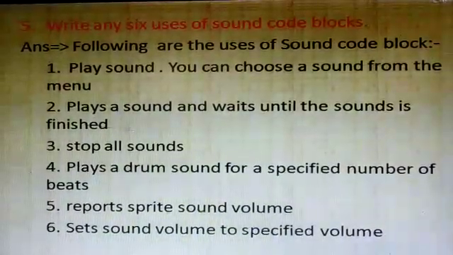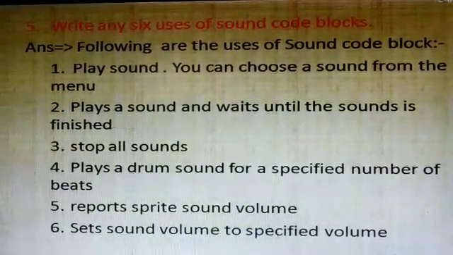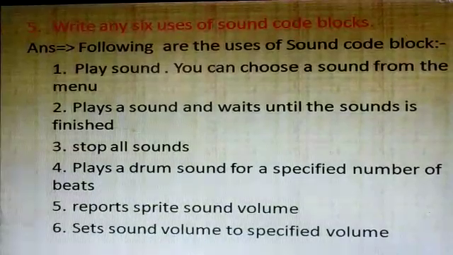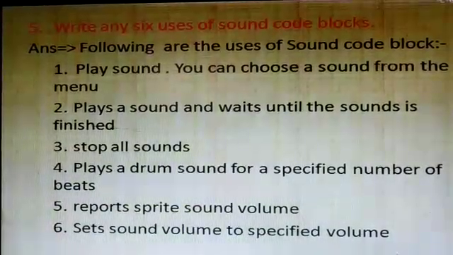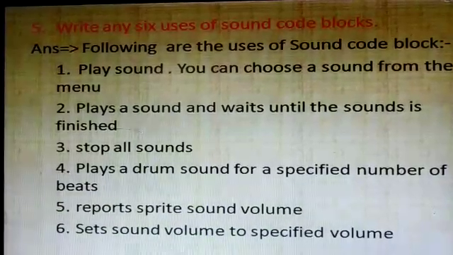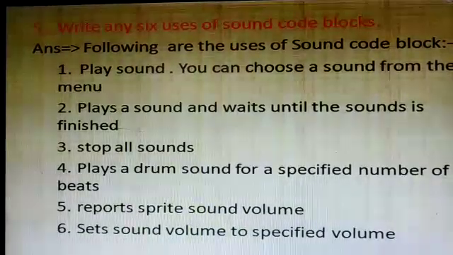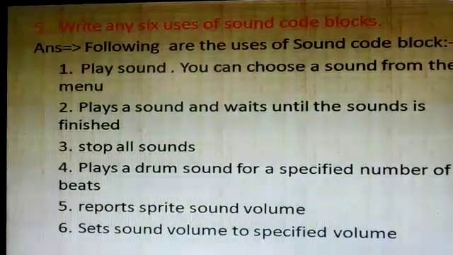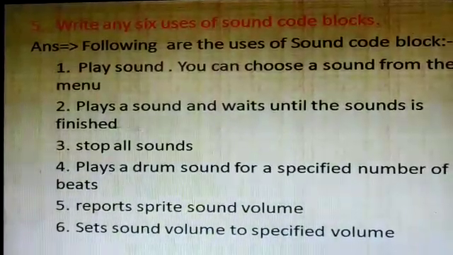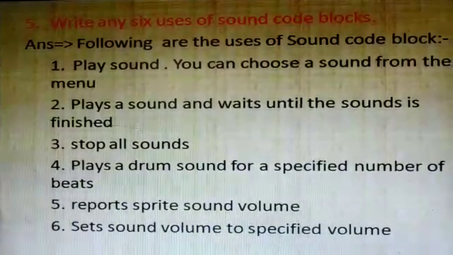Now students, come to the fifth question and answer. Write any 6 uses of the sound code block, and the answer is, following are the uses of the sound code block. First, play sound. Second, you can choose a sound from the menu. Play a sound, which waits until the sound is finished. Third, stop all sounds.